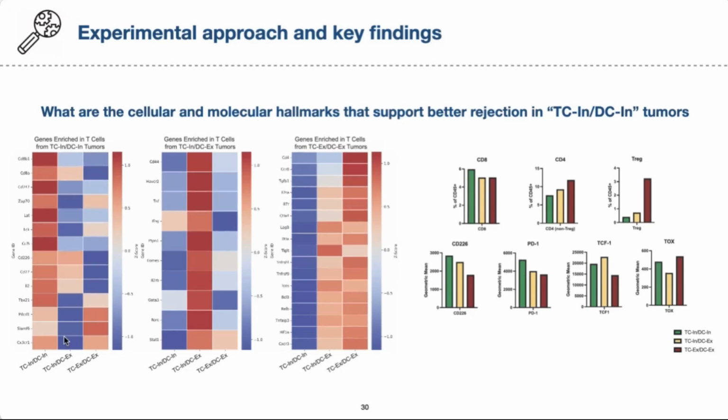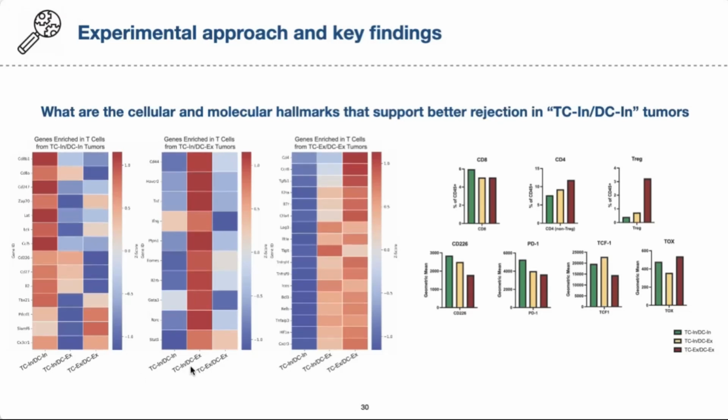So high expression of molecules like CD8, TCR downstream genes like ZAP70, LAT, LCK, some genes that have been shown as hallmarks of antitumor T cells, including CCL5 and CD226, as well as markers of early activation, including PD-1, SLAMF6, and antigen experience or tissue residency, including CX3CR1.